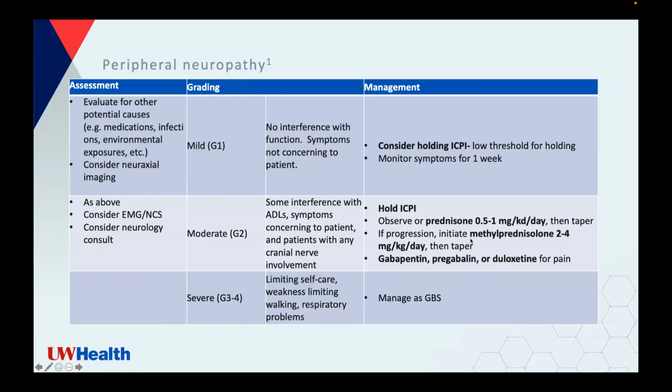If there is progression, we'd want to initiate higher dose steroids, 2 to 4 mg per kg per day and taper. And then again, you can do gabapentin, pregabalin, or duloxetine for that neuropathic pain. For more severe cases, you would want to manage as we did for Guillain-Barré on the previous slide.